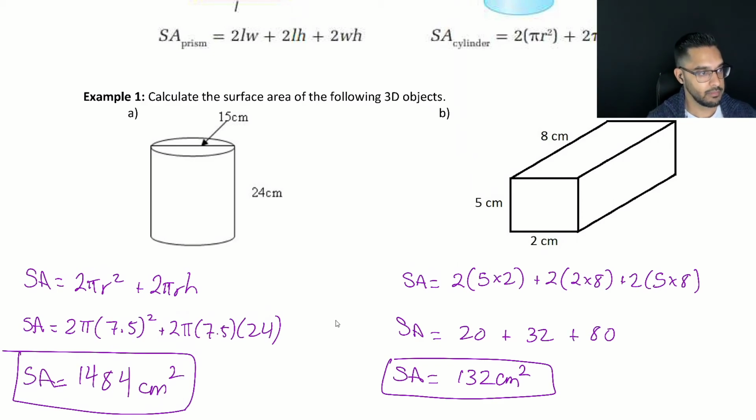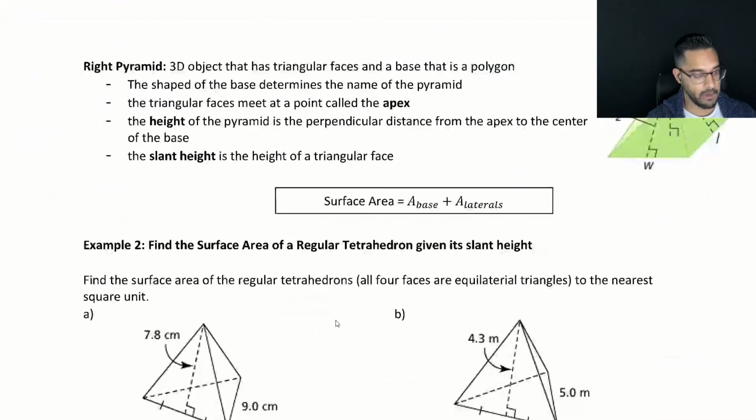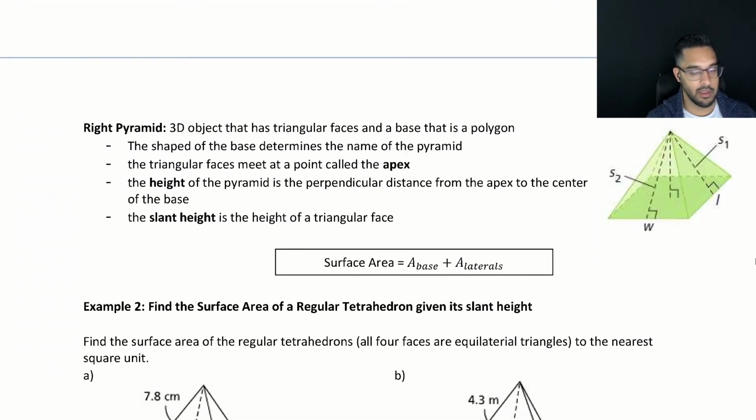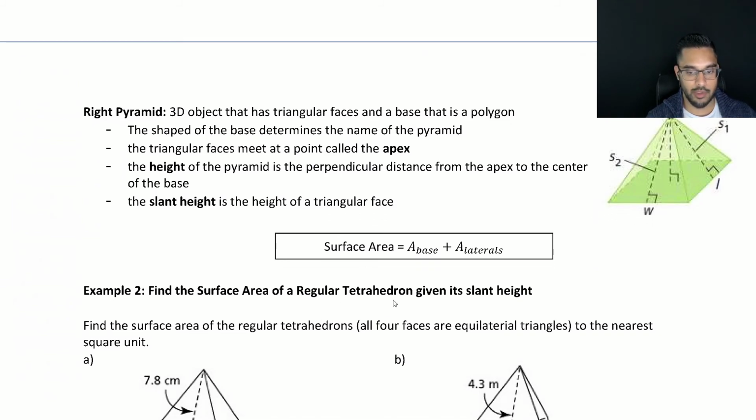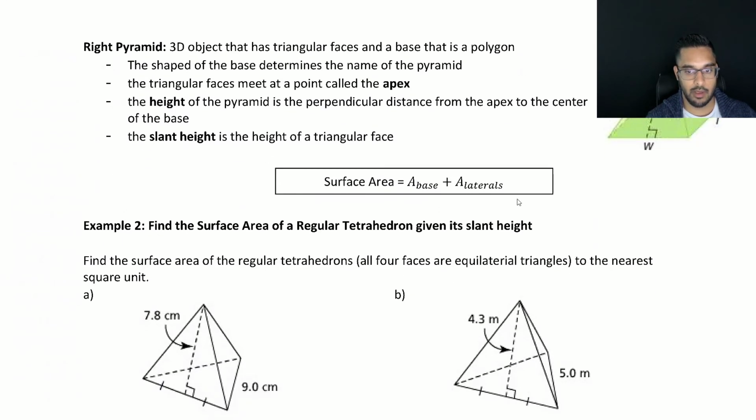There we go. So if we take a look at pyramids then, you've got the base that's a polygon, so you've got your squares, your rectangles, whatever. We'll talk about tetrahedrons as well. A little bit different than a pyramid, just because the different numbering of faces kind of trips people up sometimes.